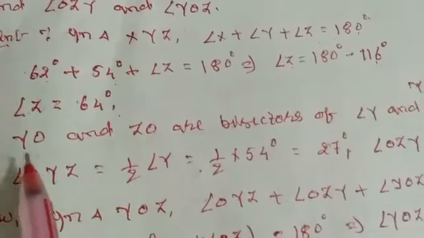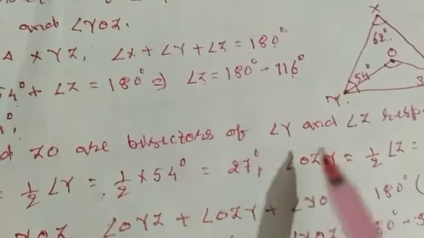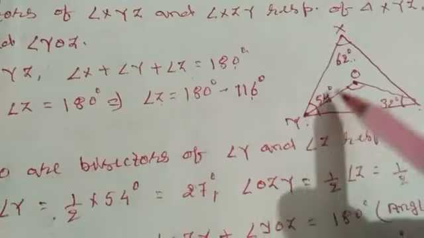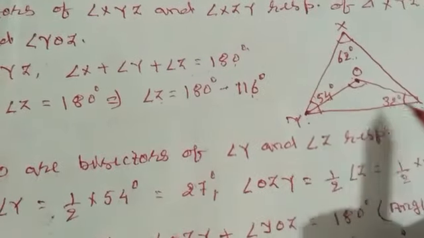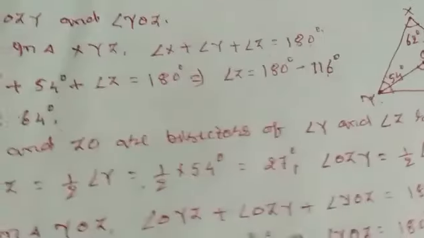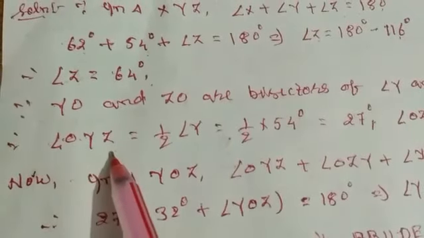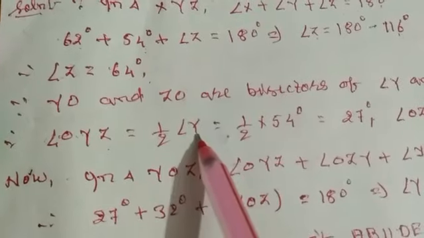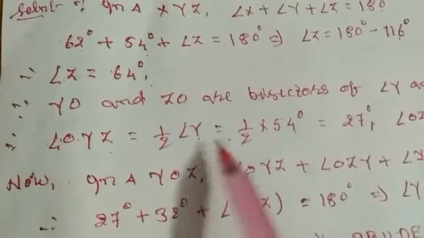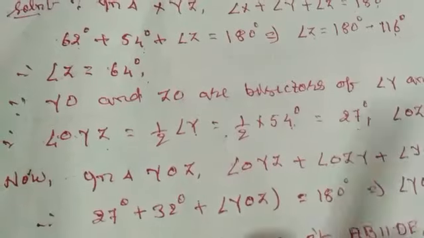Now, since YO and ZO are bisectors of angle Y and angle Z respectively, it is given that YO is the bisector of angle Y and ZO is bisector of angle Z. So, we have from here angle OYZ equals to half of angle Y, and angle Y is of 54 degree, so it will equal to half of 54 degree, that is equal to 27 degree.